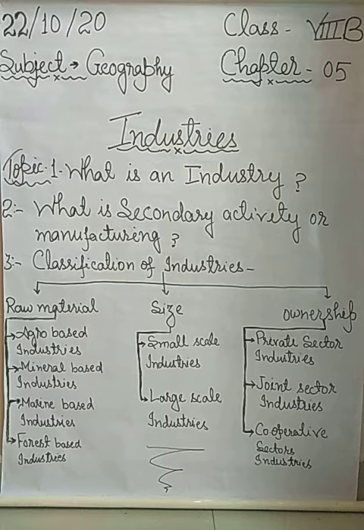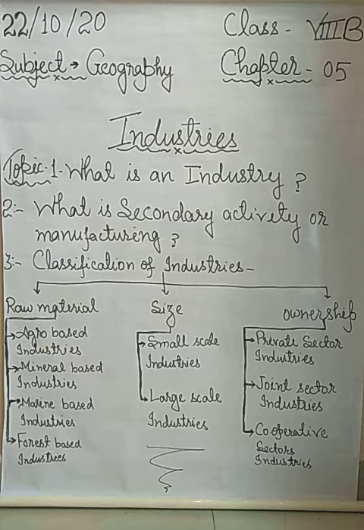Okay. After that, your last classification of industries is on the basis of ownership. So on the basis of ownership, industries are divided into private sector, joint sector, and cooperative sector industries. So students, private sector industries are owned and operated by individuals.